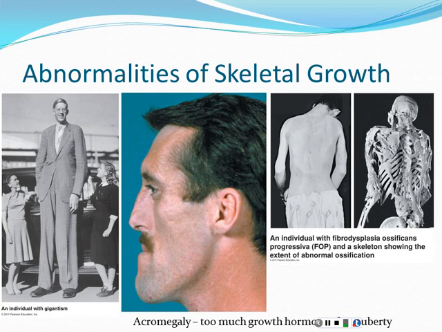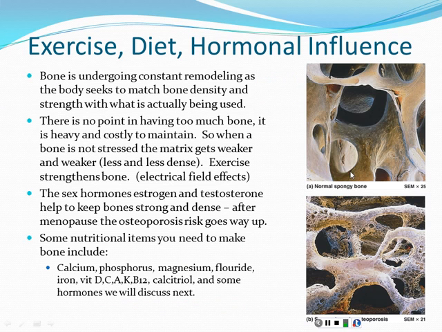Bone is fine where bone is supposed to be, but in FOP, you end up with deposition of bone in muscle, in skin, in any connective tissue in the body. So you end up with profound deformation and a skeleton that doesn't look anything like a normal human at all. So just some examples of problems with skeletal growth.